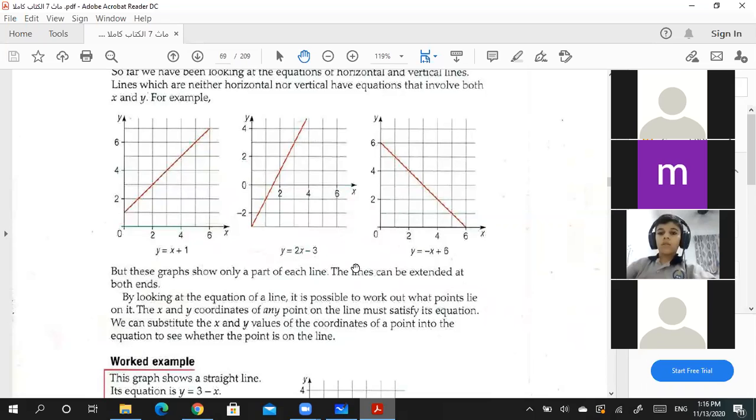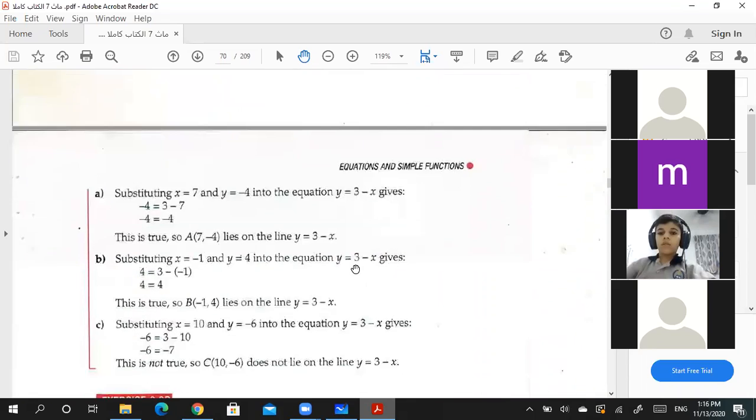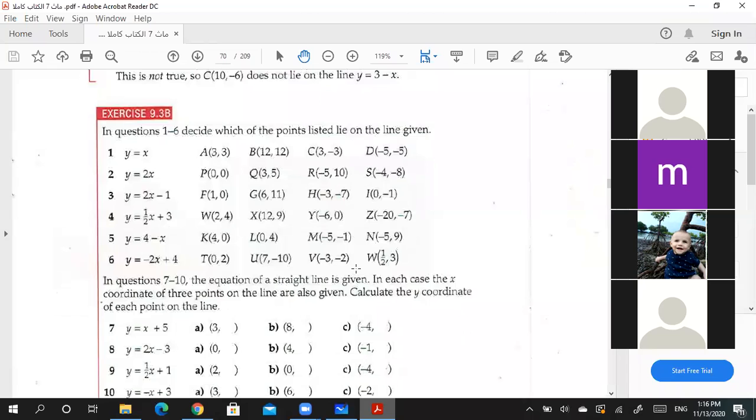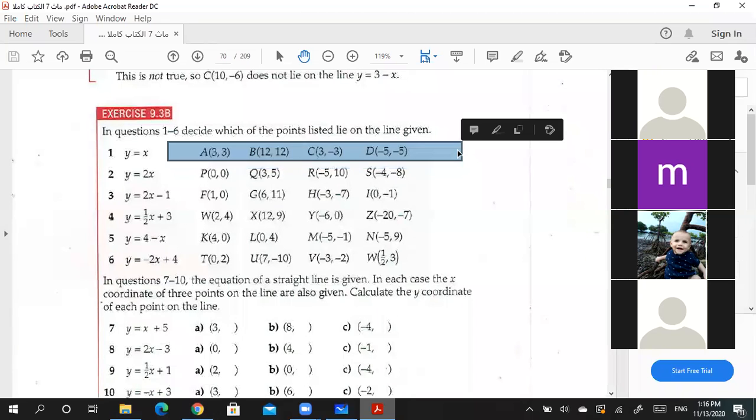Okay, let's have this example. They said which of the points. I might not give you the point. I might give you the line.